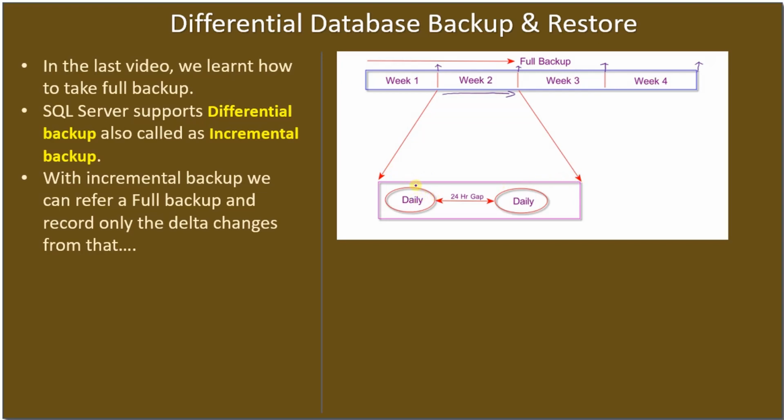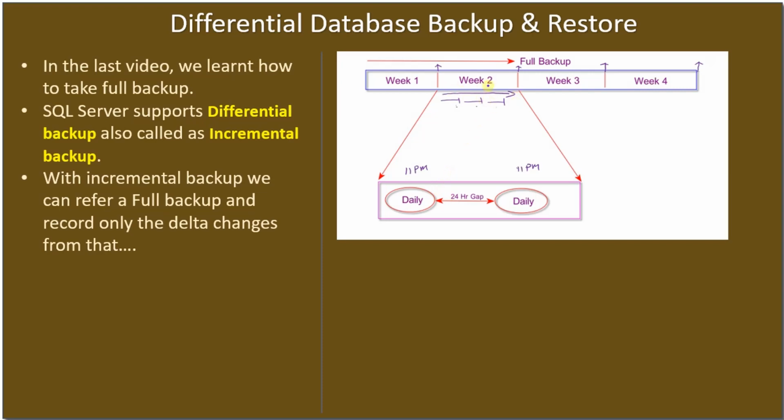Here the incremental backup is taken daily, so we can assume that every day at 11 p.m. an incremental backup will be taken. That means from this full backup it will record the delta changes. That means from this full backup there are some transactions done, and those will be recorded periodically. So it's not a full backup, here it will be incremental, right?